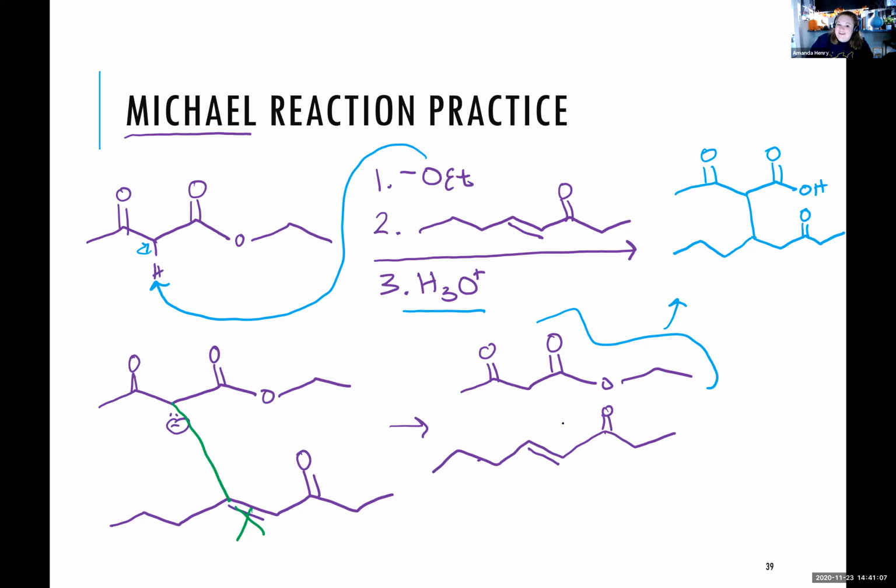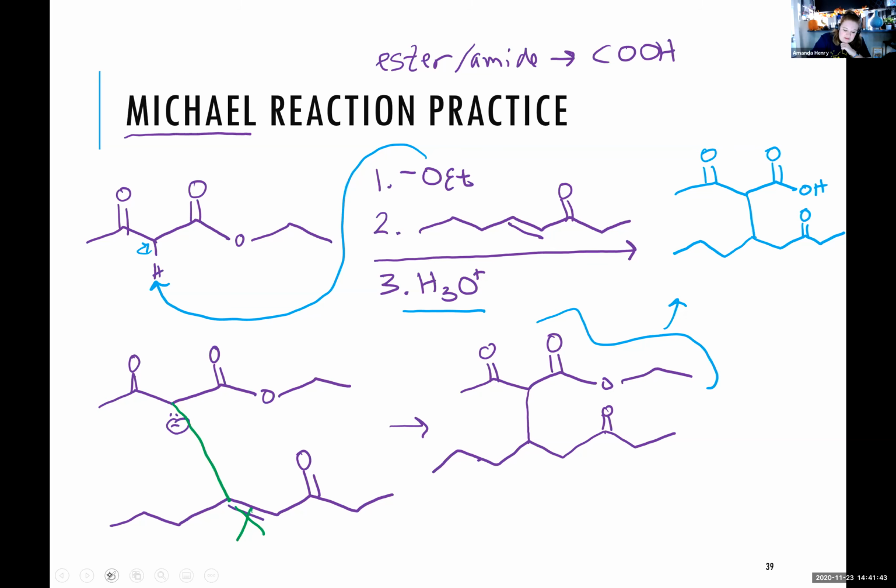Okay, let's try that again. So if you stack them on top of each other and go from alpha to beta and delete the double bond, that will give you your basic product. And I say basic product because then you have to look at what else is in the structure. If you have esters or amides, they're going to turn into carboxylic acids.